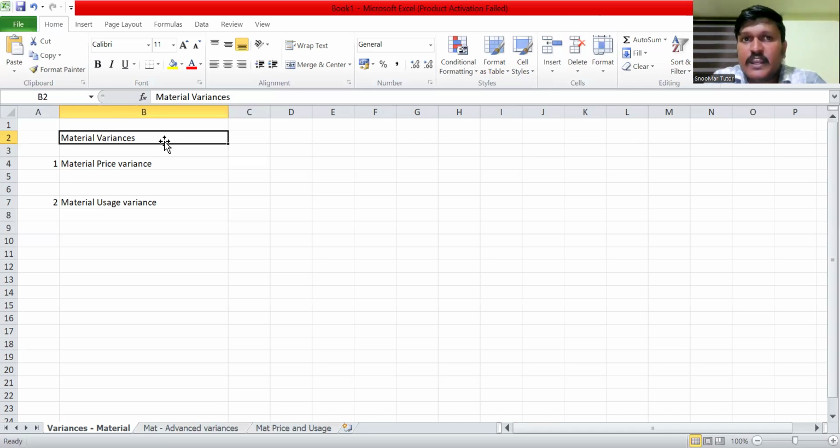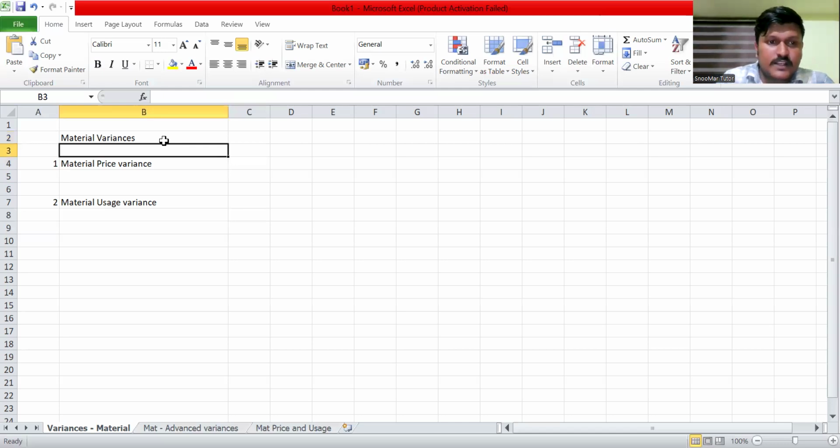The cost of 5 kg and the cost of 6 kg will be different. So the cost variance of this raw material could be due to the price, or due to the actual usage versus the budgeted usage. These are the two basic variances you would have already studied at MA level, but let's revise this concept.